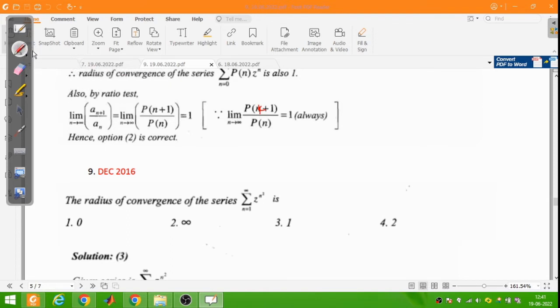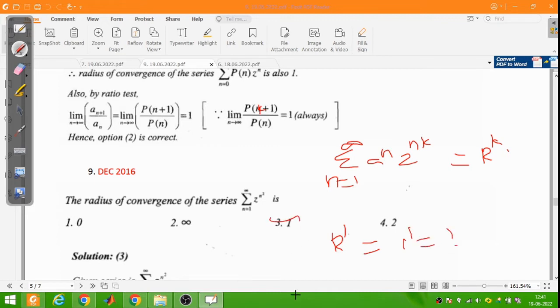But if a n differs from 1, each and every time you have to remember this property: the summation from n equal to 1 to infinity of a n z power nk, or n power k, both are the same. The radius of convergence is r power k. Here the radius of convergence is r, so the power k is 1, so r power k equals 1, and 1 power 1 is 1.